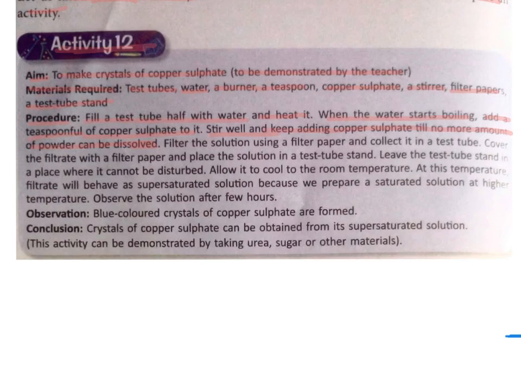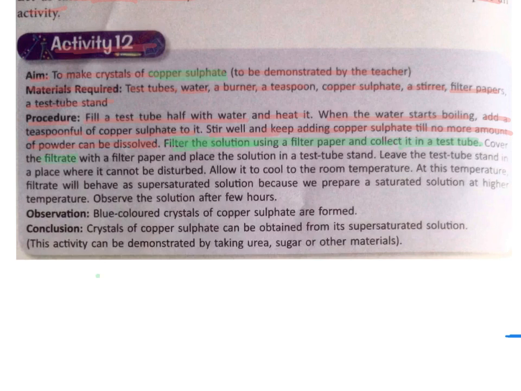After this, we will filter the solution using a filter paper. As we filter the solution, the insoluble impurities present in the copper sulfate solution will be left on the filter paper, and the rest of the solution will be collected in the test tube and called the filtrate.